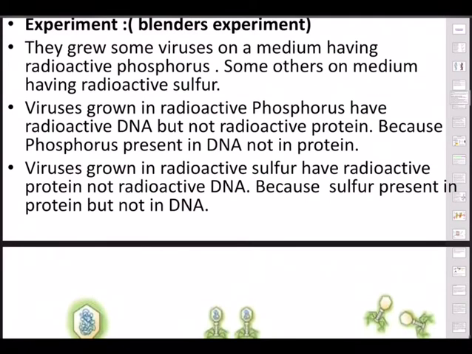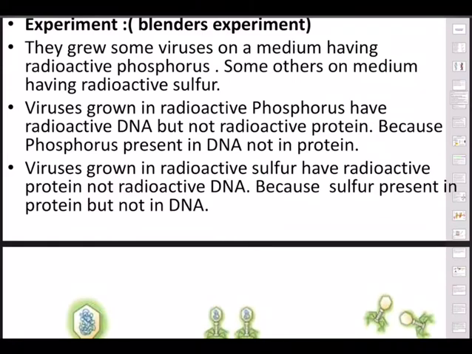So easily we can trace that radioactive isotope. That's how they incorporated radioactive phosphorus in the DNA, but not in the protein, because they wanted to know exactly whether it is protein that is causing the infection or DNA. Because phosphorus is present in DNA, but in protein it is not there, as all of you know.